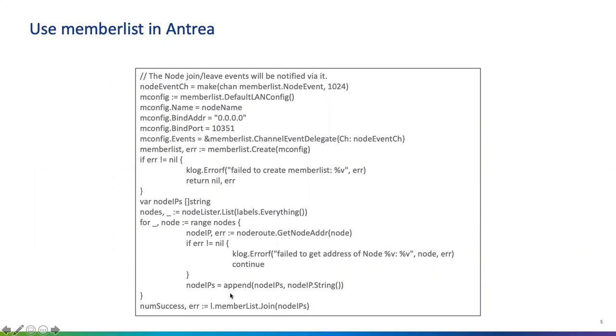After that, we can get the whole list of the healthy nodes in the cluster by using the memberlist interface, like list, and dynamic events will be sent to this channel, and we can poll this channel and react. For example, triggering the egress IP migration.